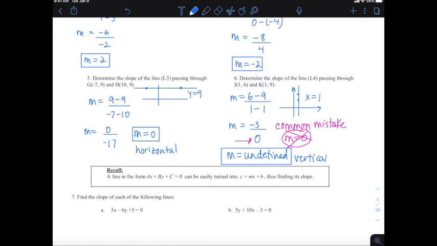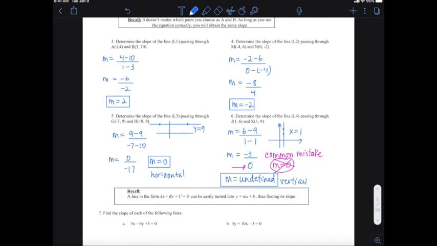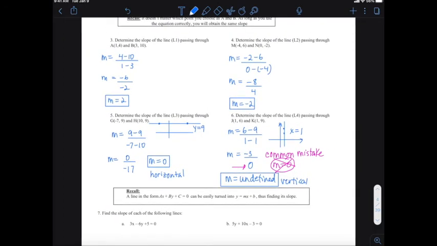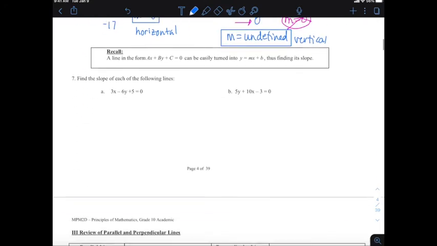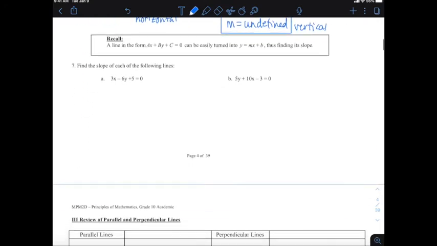Okay, so we've done a couple of slope calculations. And what I want to do now is take a look at finding slope when I'm given a line. So remember, this is standard form, and I can't really see what the slope is in this form.